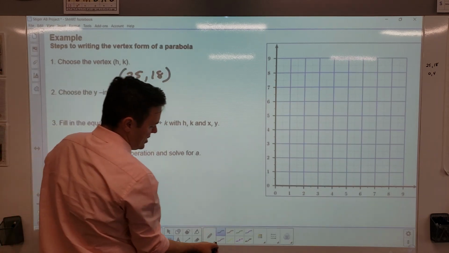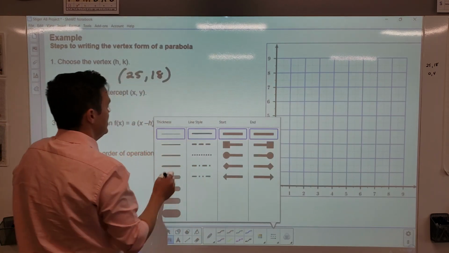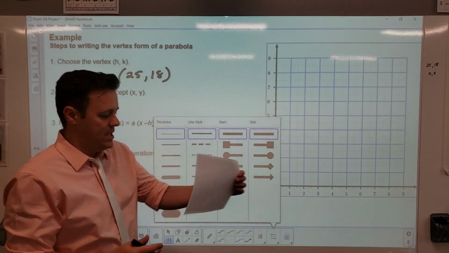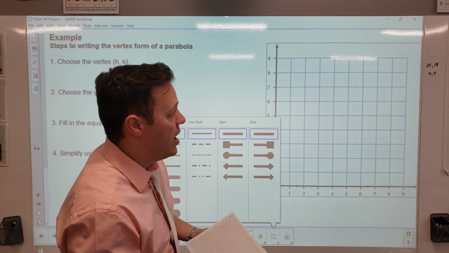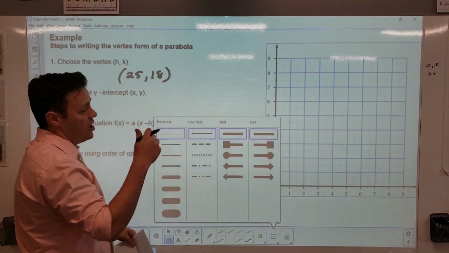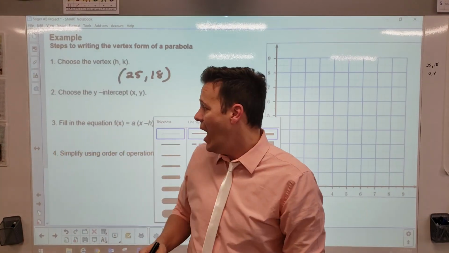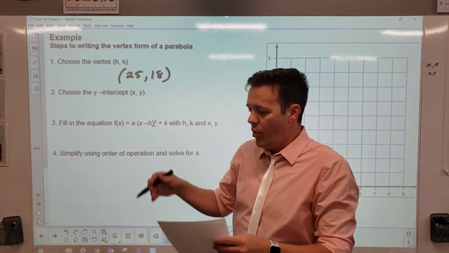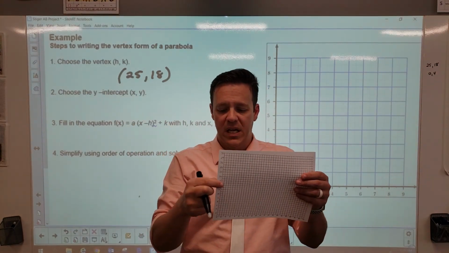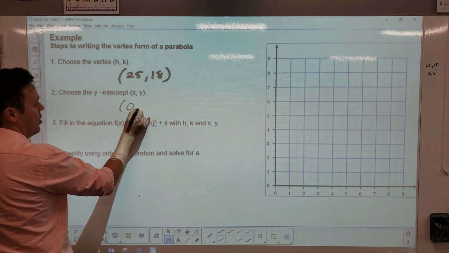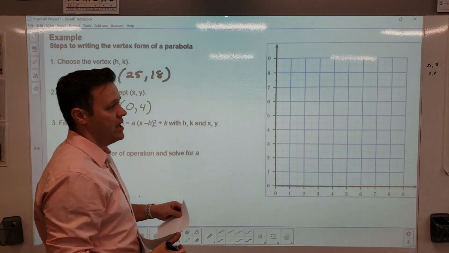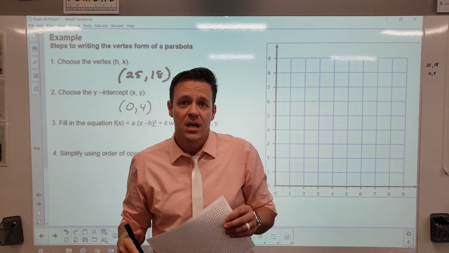So on here, I'd go 25 over, 18 up, and make a dot. The other point you have to come up with is your y-intercept. You pick any coordinate. On this particular equation, I'm going to go 0, 4. So there are my 2 points that you need.